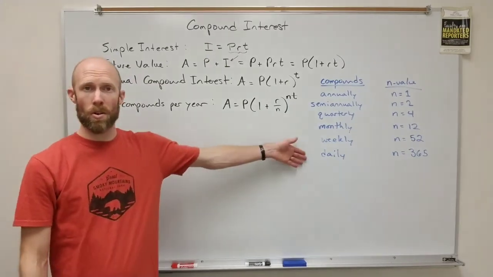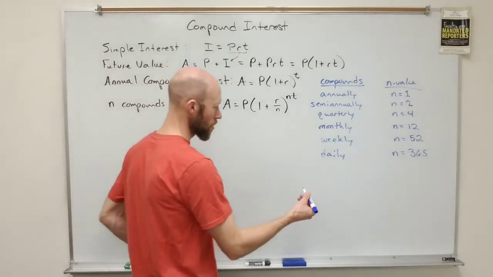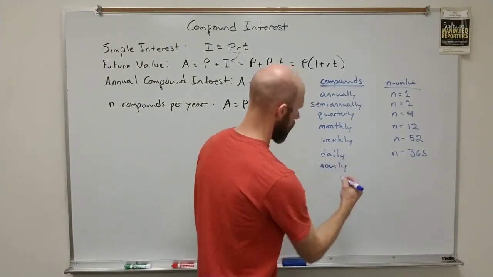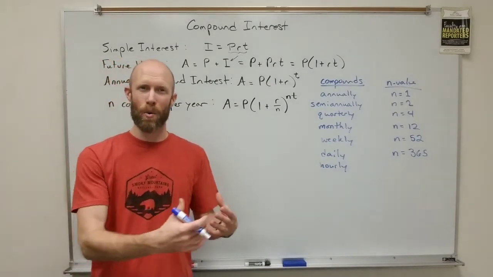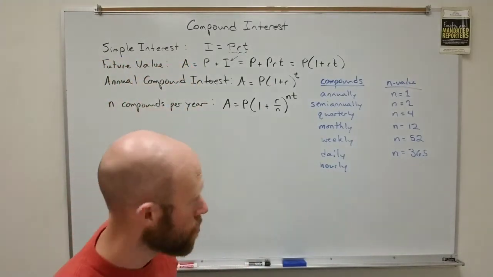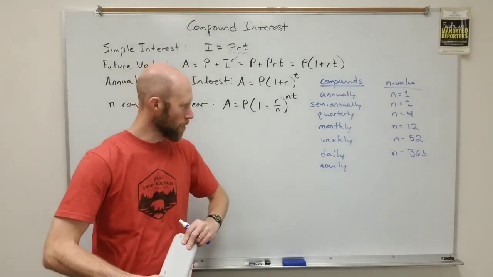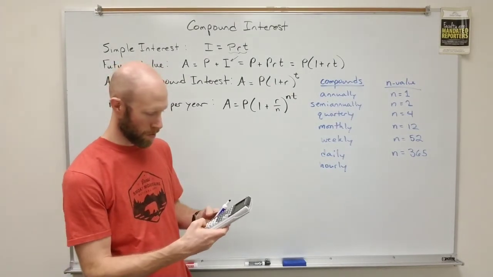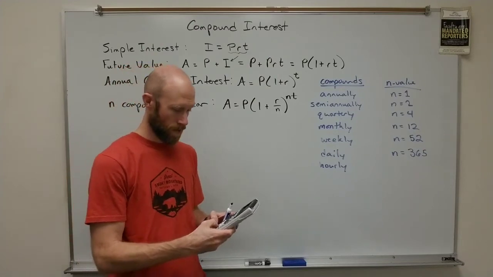And you could even go more than this, and it gets kind of ridiculous. You could, in theory, go with hourly compounding. So you get interest applied to your account every hour of the year. And this one I'm going to need my calculator because I don't remember all these values. But how many hours are in a year? Well, you take the number of days, 365, and multiply it by 24 hours.